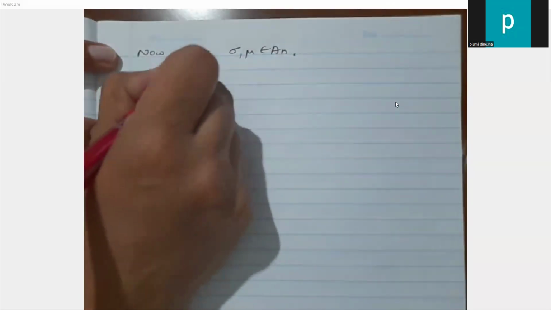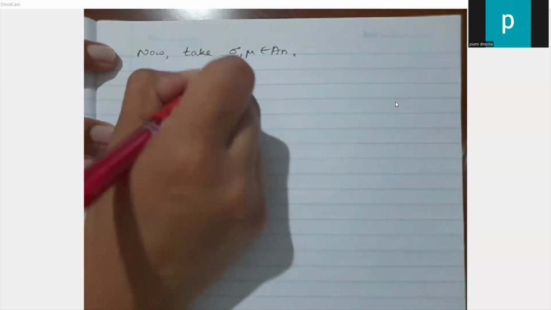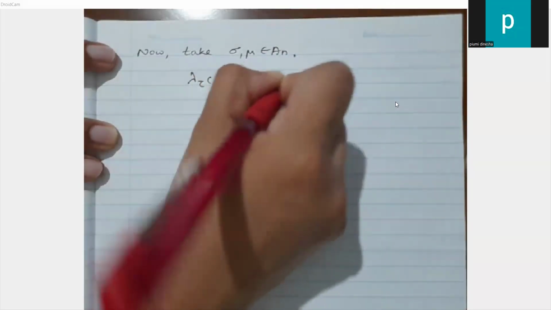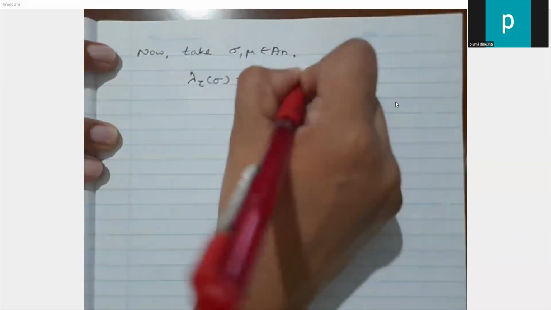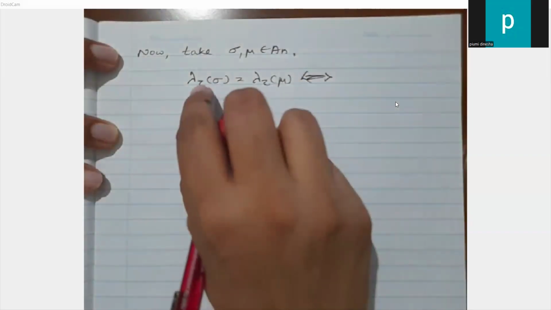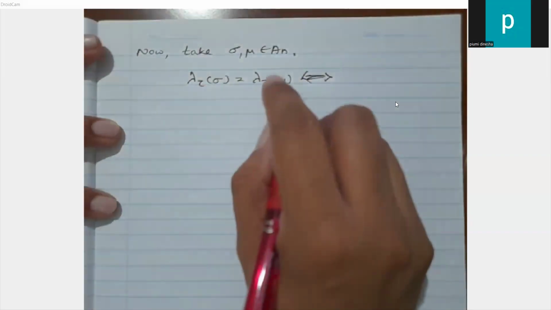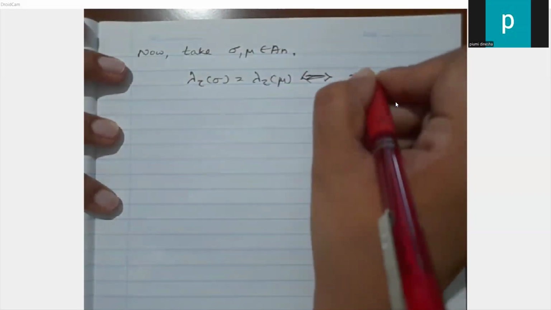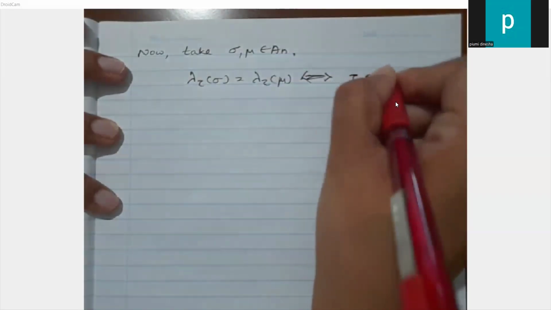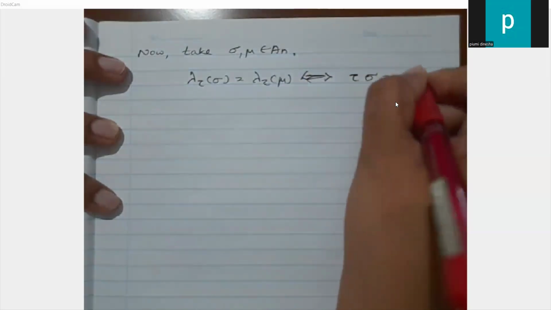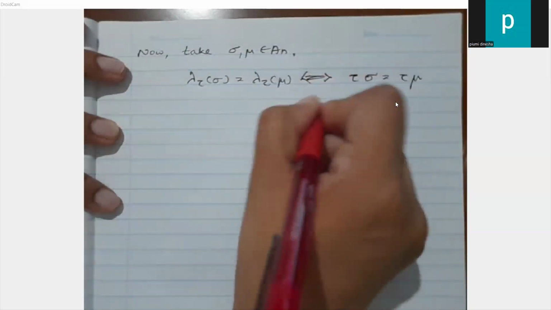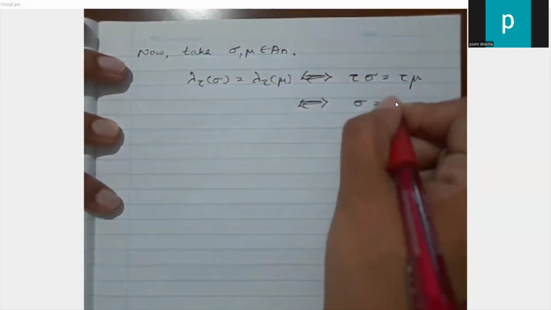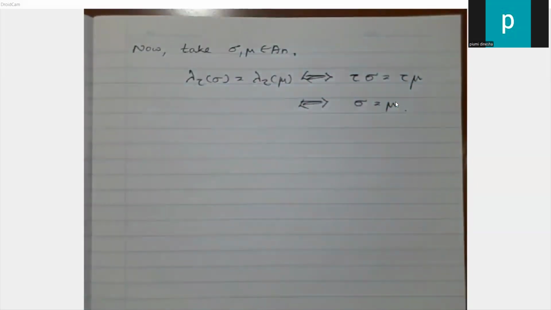Then lambda tau of sigma is equal to lambda tau of mu if and only if, by definition of lambda tau of sigma, we have tau of sigma equals tau of mu. This is if and only if sigma is equal to mu.